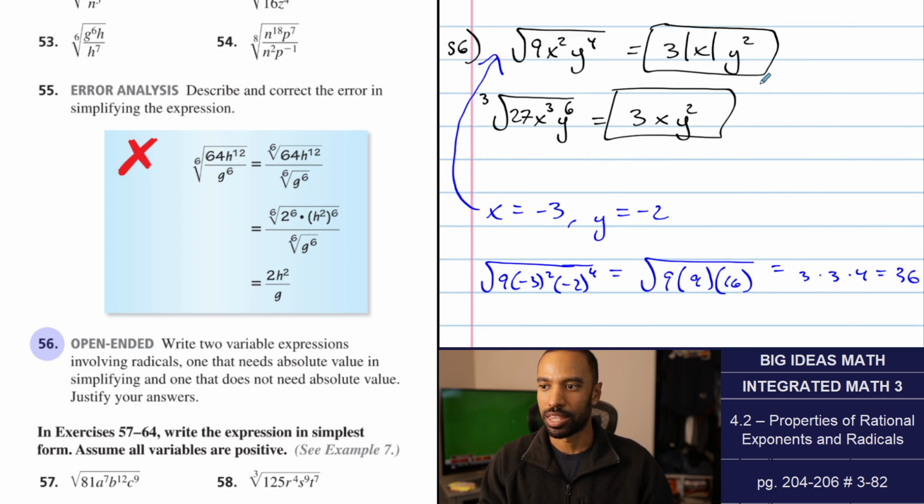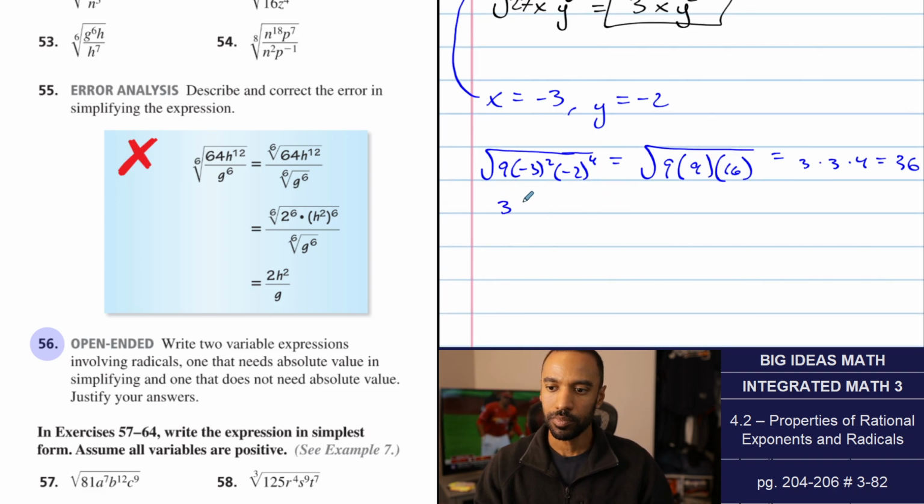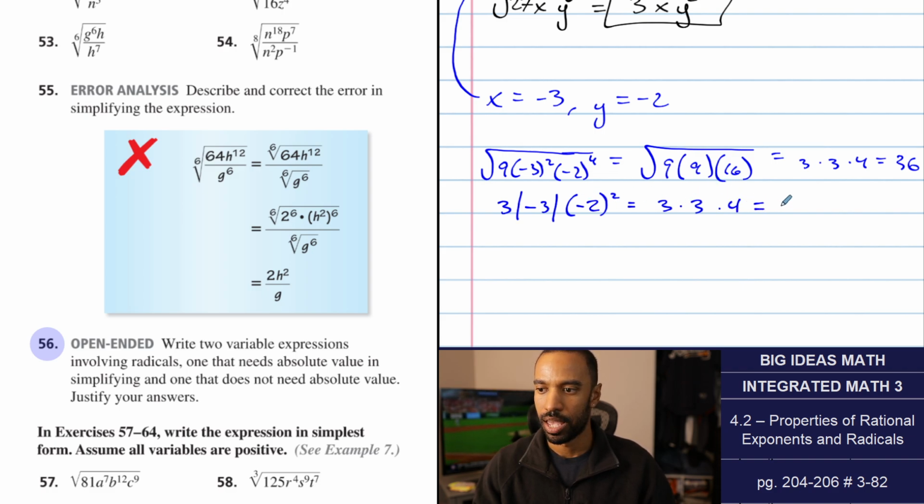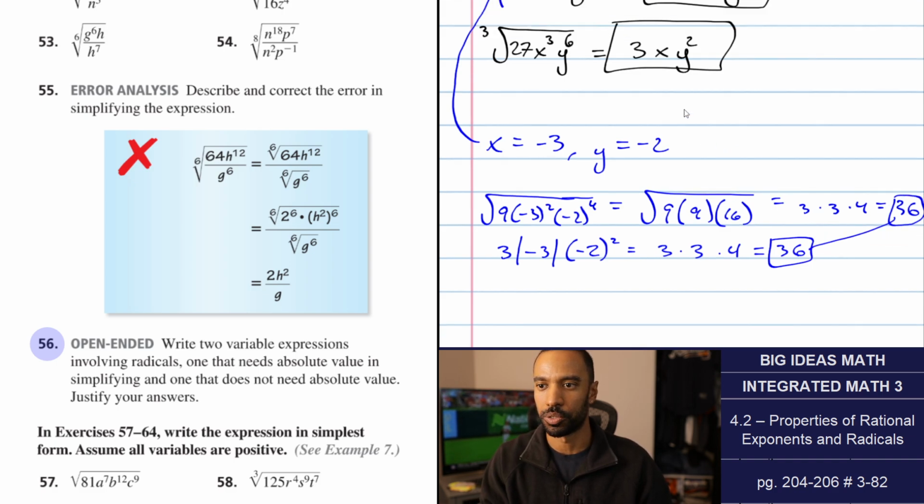Now, looking at 3 times the absolute value of x times y squared: 3 times the absolute value of -3 times -2 squared becomes 3 times 3 times 4, and you get that 36. So these are the same, and that checks out how we want.